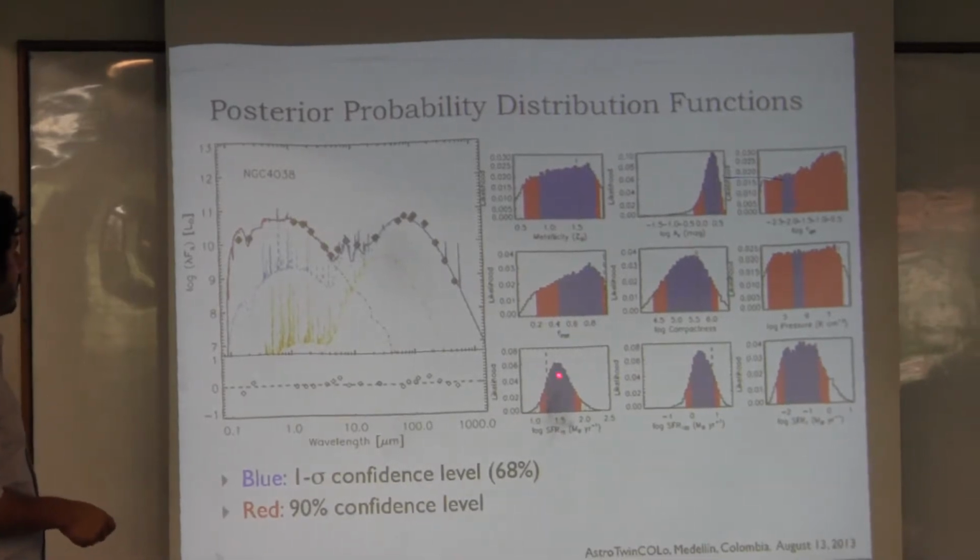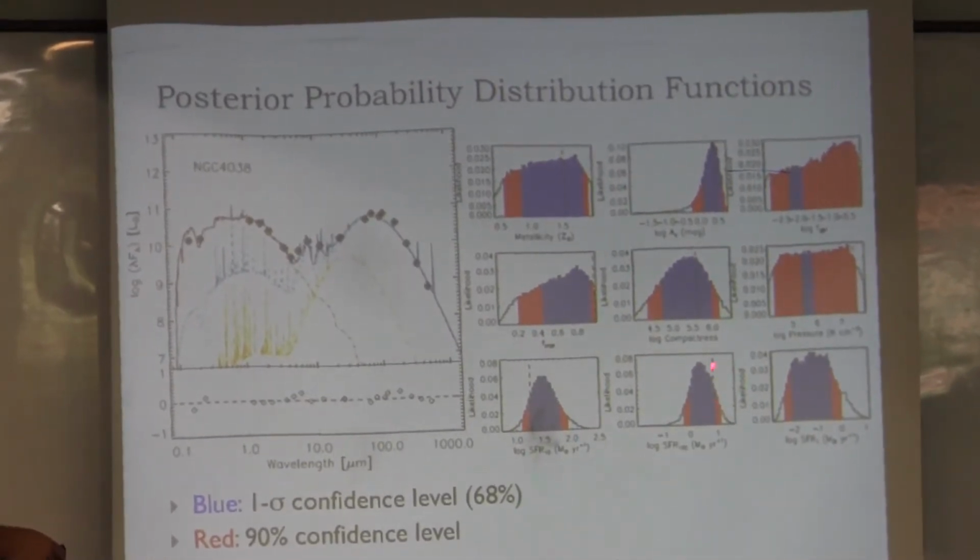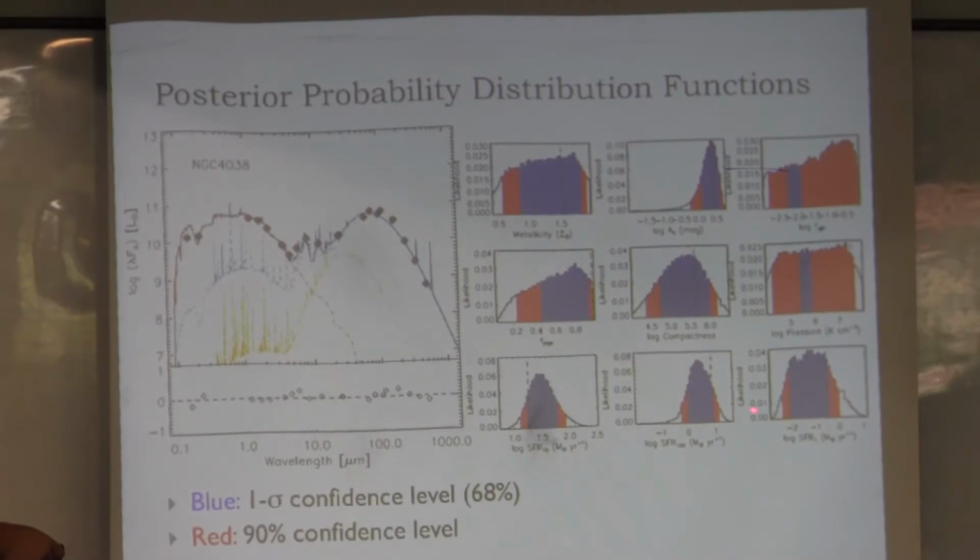And you see that what you get there is not just a best fit that is marked here with that sign, but a whole probability distribution function that tells you in the blue region at the 68% 1 sigma level of confidence what the value should be, or in the red area, except here that I made a mess with the colors, the 90% confidence region.